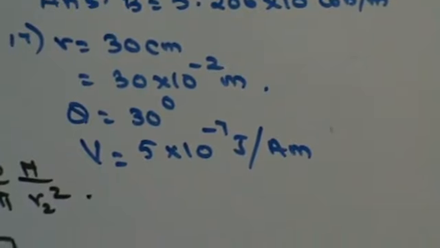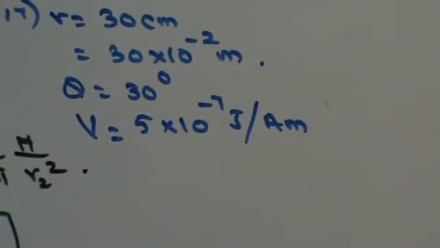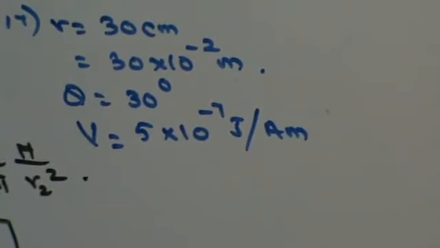Find the magnetic moment. Also find the magnetic induction at an angle of 45 degrees and at a distance of 50 centimeters from the dipole.